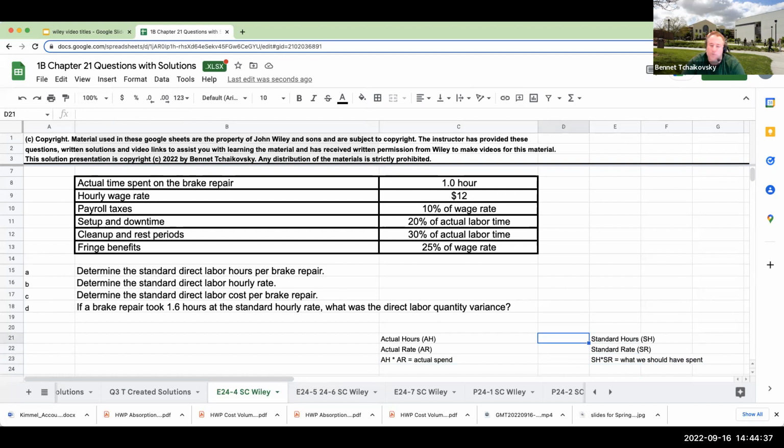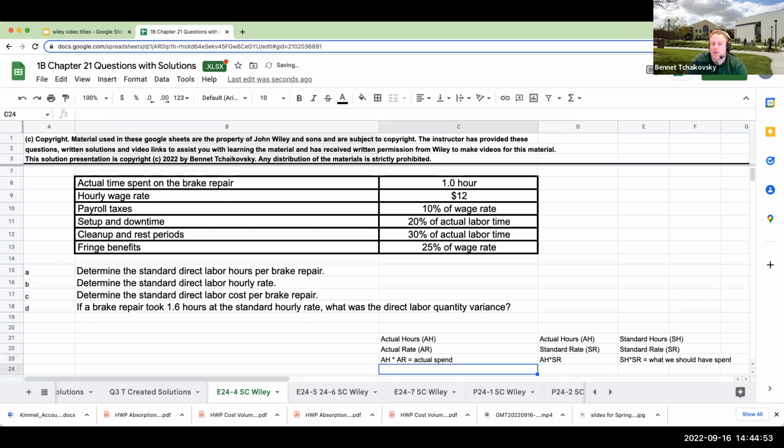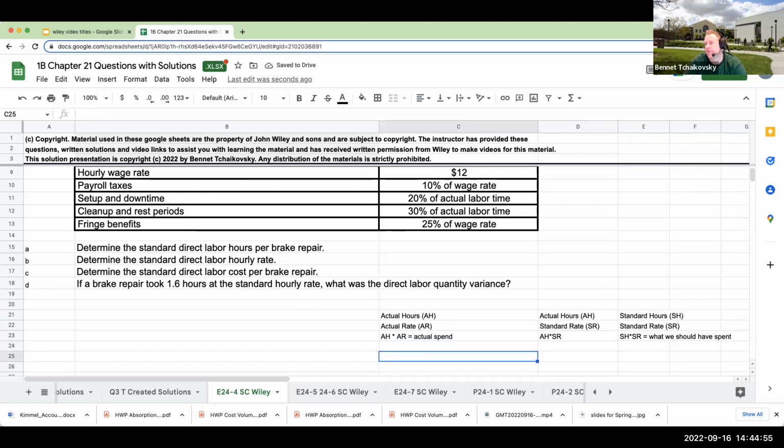But now we have the middle zone, or what we like to call the twilight zone, which is really, well, how can we isolate where the variance is coming from? We're going to put here our actual hours times our standard rate. My actual hours times my actual rate minus my standard hours times my standard rate gives me my total direct labor variance.